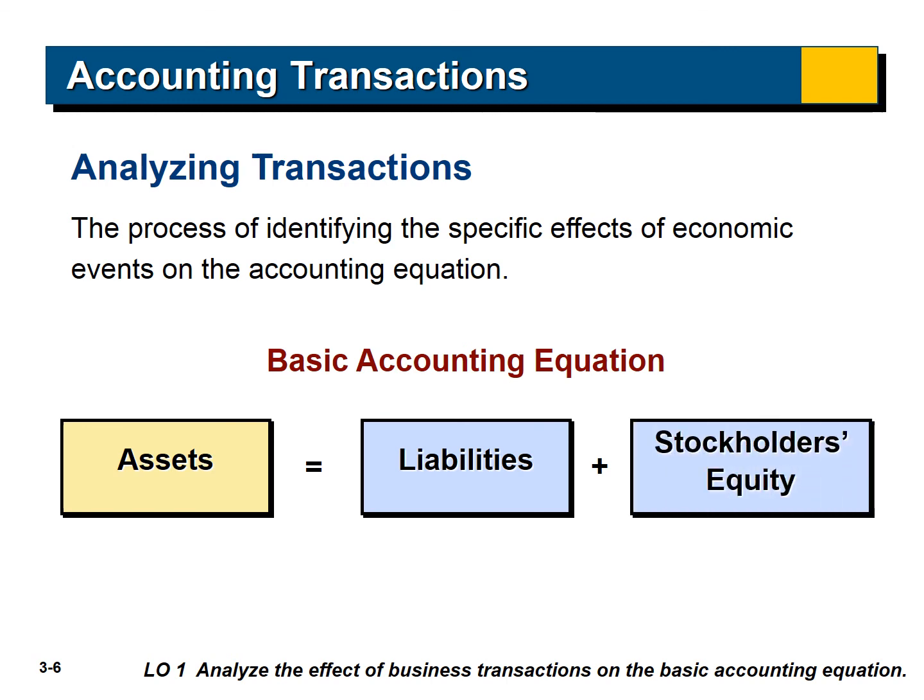Think of it this way: what you own, how did you buy what you own? You either borrowed the money, which is a liability, or the stockholders put the money in. So what you own is on the left side. How you financed it is on the right side of the equation.